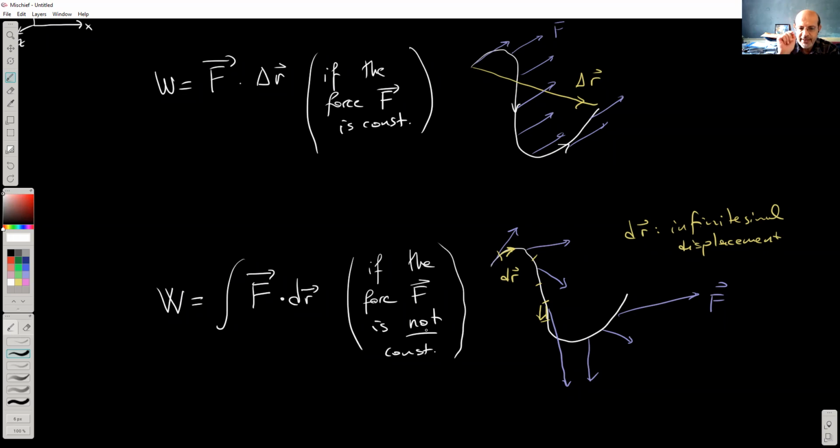So as a result, I'm going to postpone these kinds of calculations to the next chapter. For a spring and for the gravitational force, we need to do this integration, but I would like to do this within the context of the concept of potential energy, right? I'm not going to do it at the beginning.